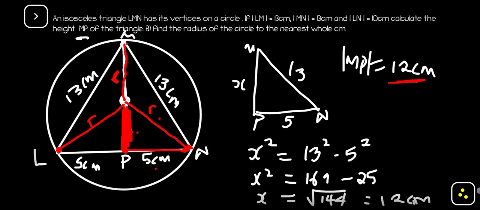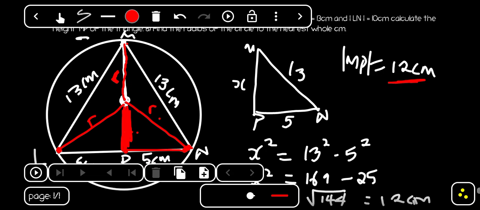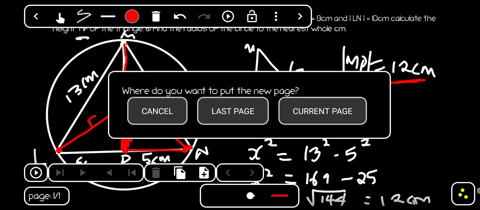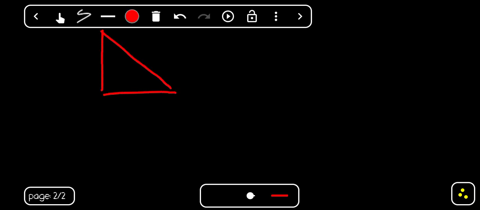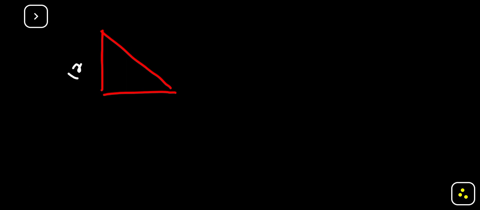So if this side becomes 12 minus R, that means our triangle is going to be this small triangle. Here will be 12 minus r, and we know here is the radius, and then here's 5 cm.